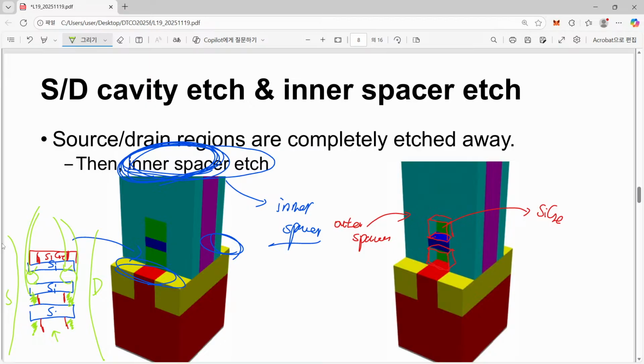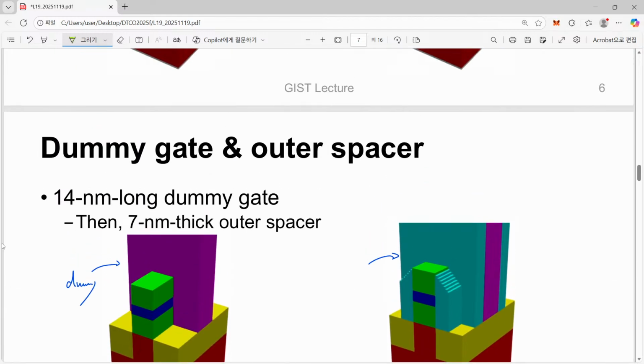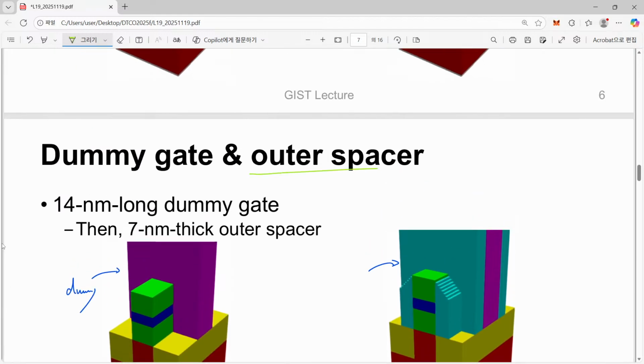So we need to make another one, because when we initially make the outer spacer, the part for silicon germanium is already occupied by silicon germanium, so we cannot make a spacer for that part.